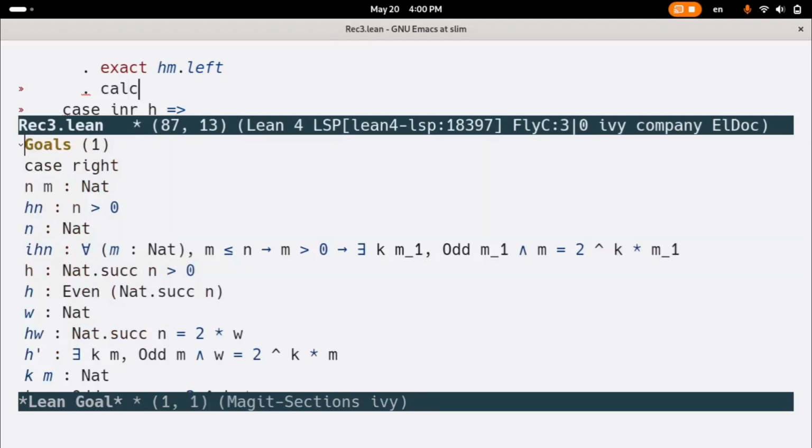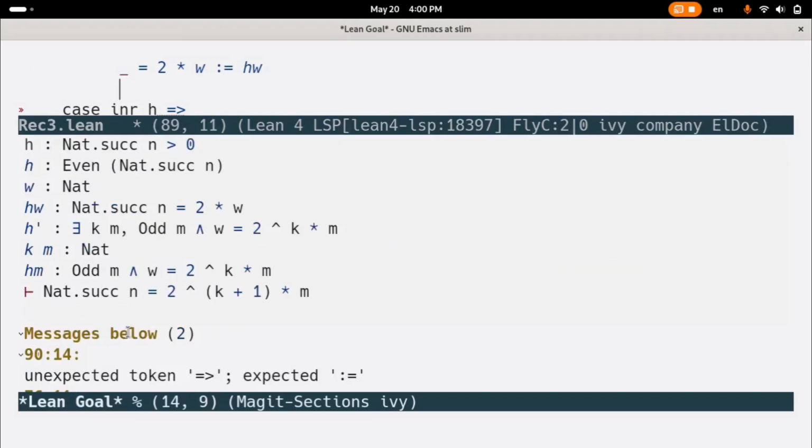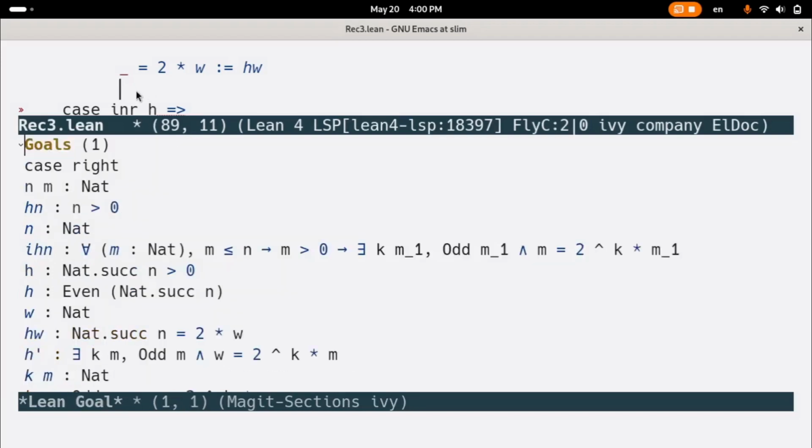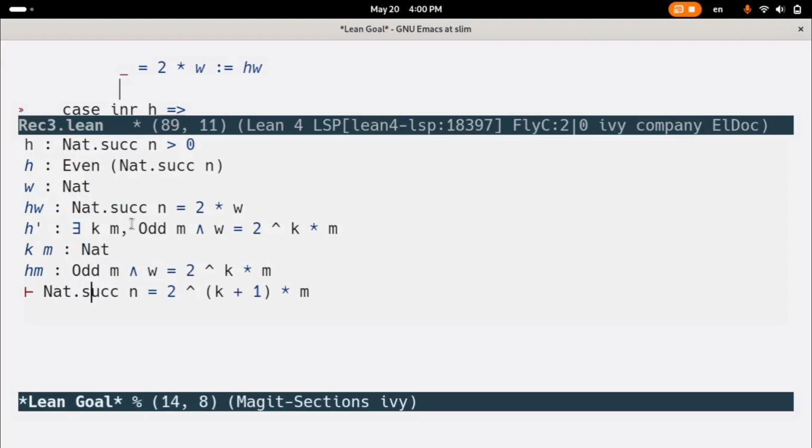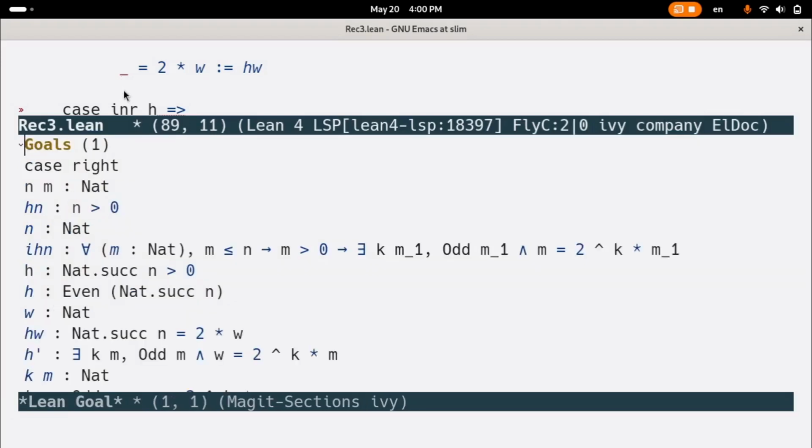So we will use the hypothesis HW here. So we can write N plus 1 as 2 times W by HW. We can write 2 times W as 2 times 2 power K times M using HM dot right.